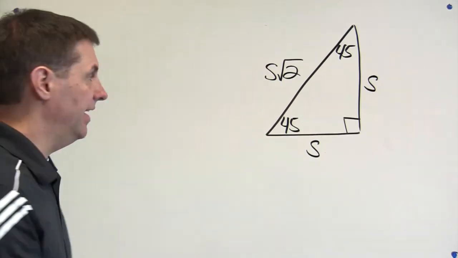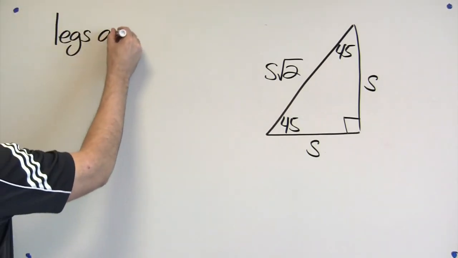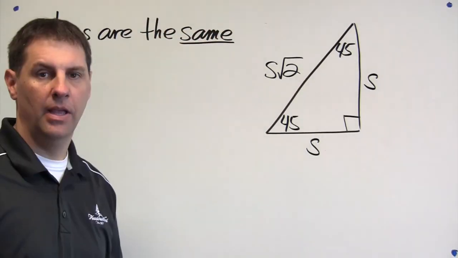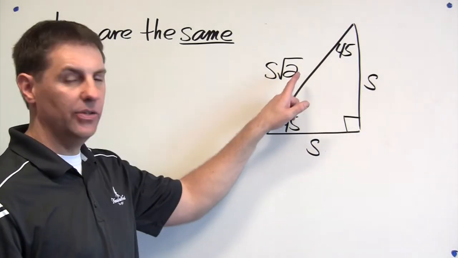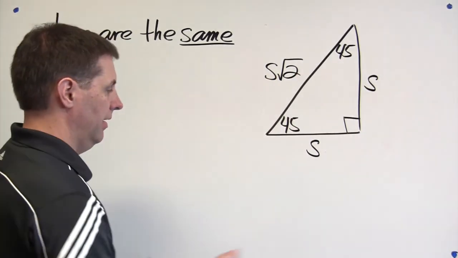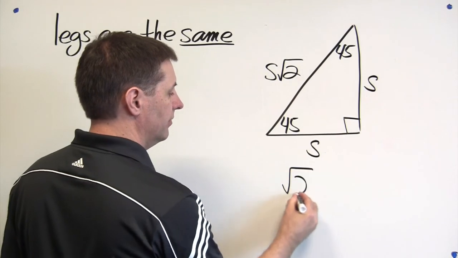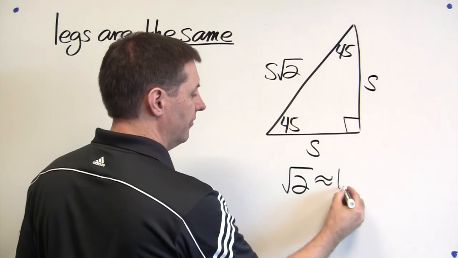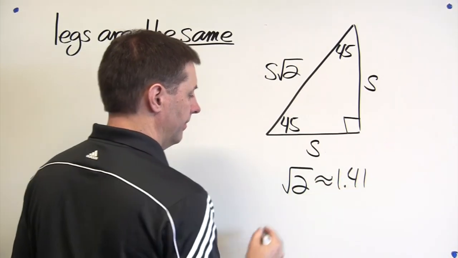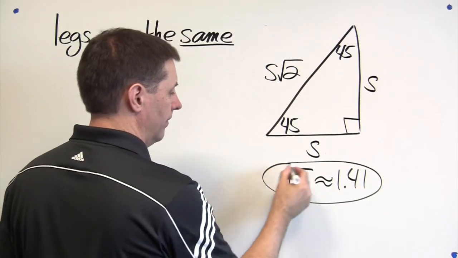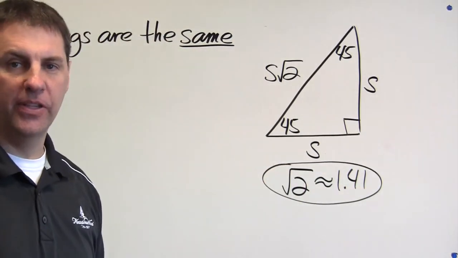So something to think about here. If you're uncomfortable with the square root of 2, just remember that it's a number. The square root of 2 is approximately 1.41. So some things to remember in this pattern.